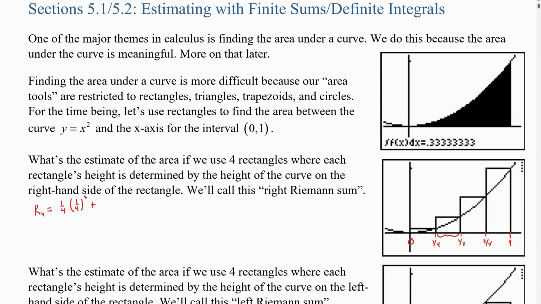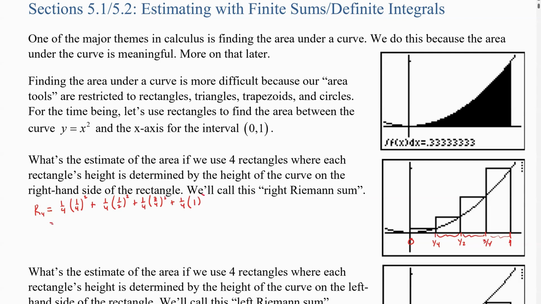The width is still 1/4, but now we're at x equals 1/2, so the height of that rectangle is 1/2 squared. Third rectangle, width is still 1/4. The height of the curve is 3/4 squared. And then the last rectangle is still 1/4 wide, but this time x is 1, so 1 squared.